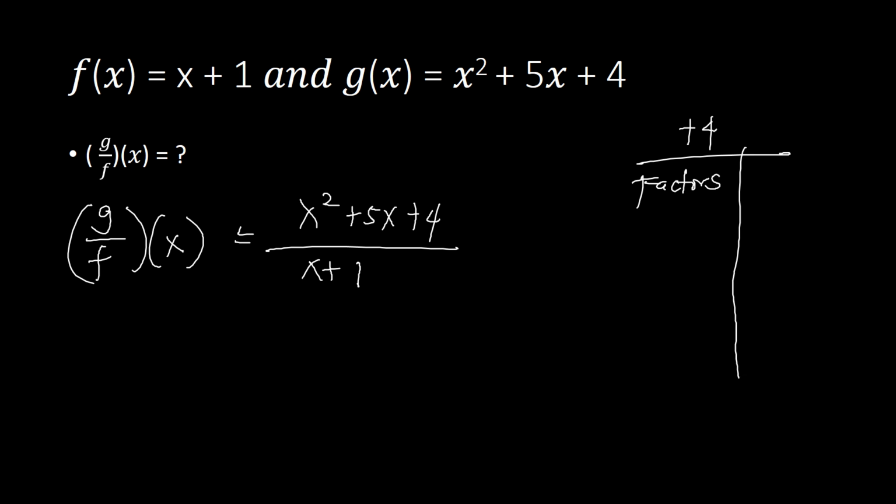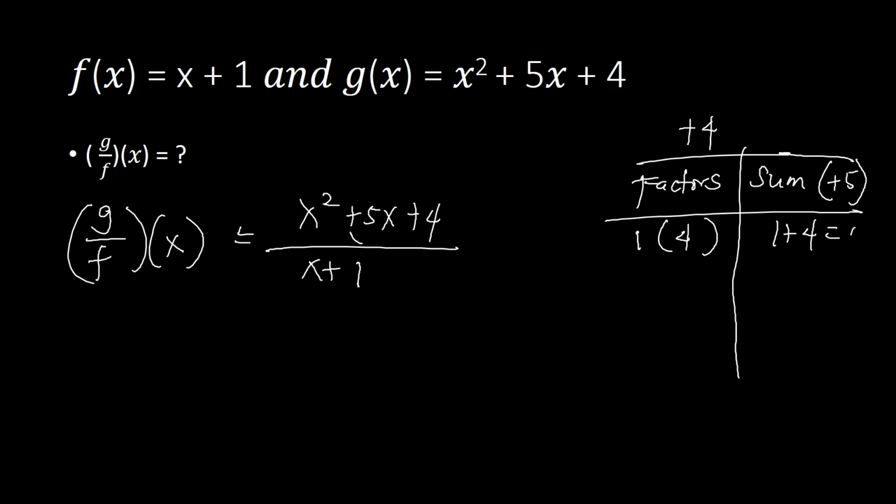And then we are going to look for the sum of the factors, and we must make sure that the middle term, which is plus 5, shall be the sum of the factors. Let's start with, since that is positive, so everything must be positive. So we've got 1 times 4, adding that, 1 plus 4, that's equal to 5. So there you go. So these are now the factors.